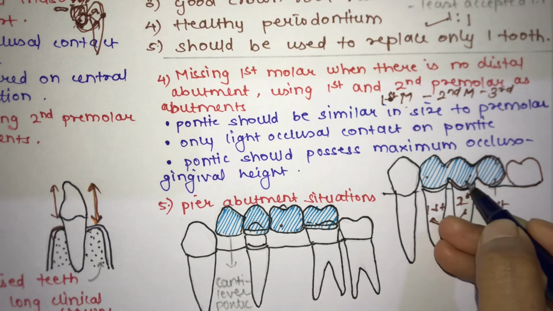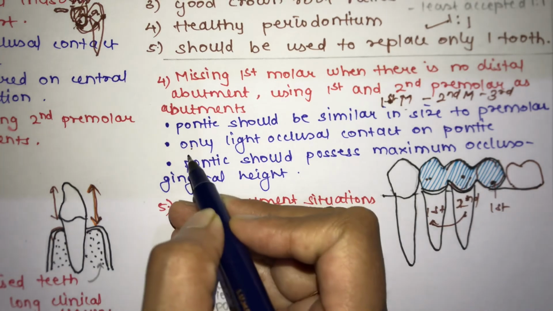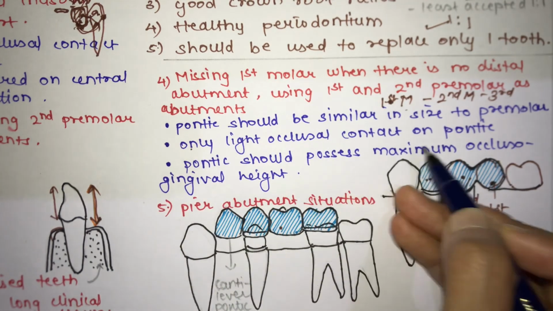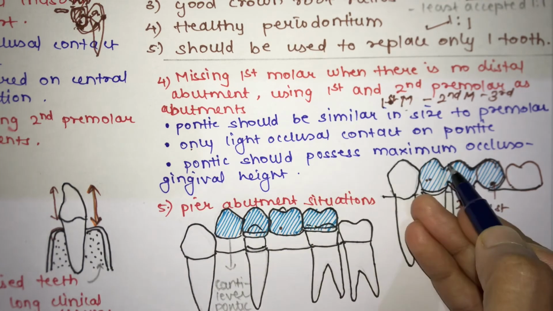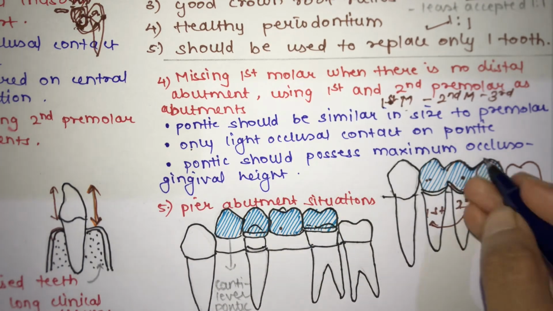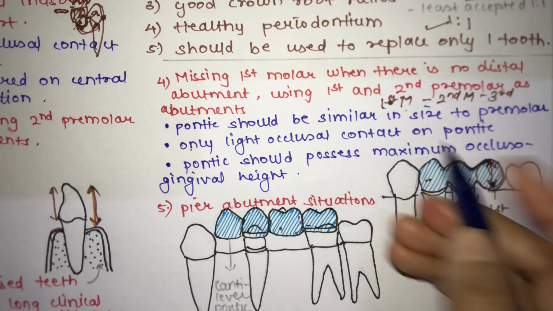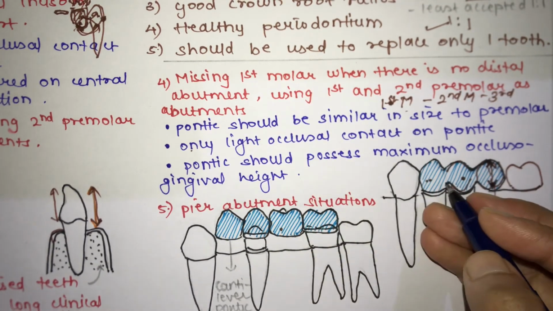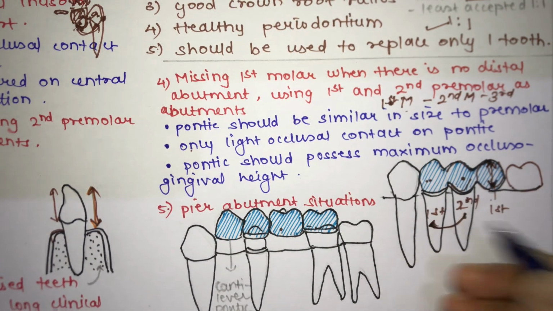So because of that, you make the pontic the size of your premolars. The next one is only light occlusal contact should be present on this pontic, and the pontic should possess maximum occlusogingival height. So the height of this pontic should be maximum. So these are the three things that you have to remember when the first molar is absent and you're taking support from the first and second premolar.